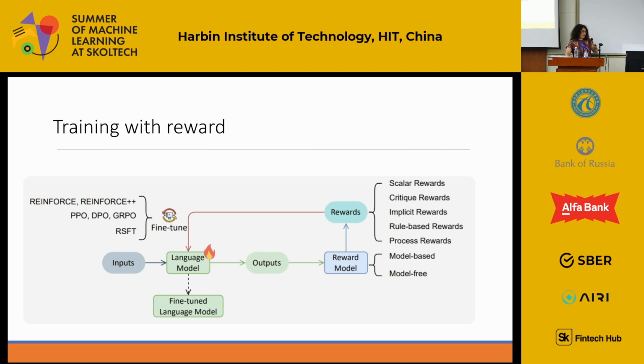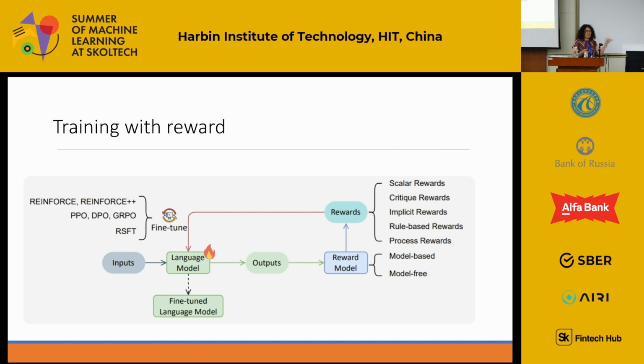So just to recap training with rewards, there are several methods which already exist and are widely used in modern LLMs. We may use just a scalar reward, like in RLHF: is it a good answer or a bad answer? We may use a critic, another language model, which decides whether it is a good answer or a bad answer. Implicit reward is integrated into the training process, like in the DPO method. Rule-based rewards check the answer by some code, regular expressions, and so on.